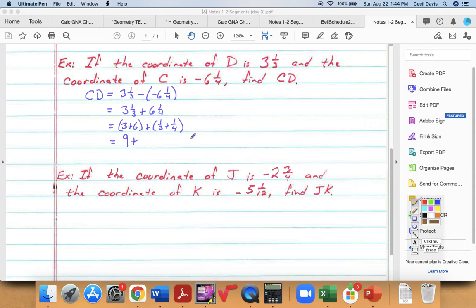And here's where I have to remind you about adding fractions. You can't add fractions with unlike denominators. Why? Well, here's the simple idea. If I take a whole object and divide it up into 3 equally sized pieces, and then I take a different whole object, I'm going to make the whole objects the same size, but this time I divide it into 4 equal pieces.